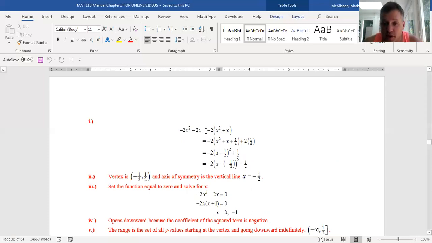And so that's what I'm doing here. That's the first step. We didn't need to do that before, because there was no coefficient of x squared, but there is now. So the first step in completing the square, when you have a quadratic whose x squared term has a coefficient other than 1, is to yank that coefficient out of the x squared and the x terms.